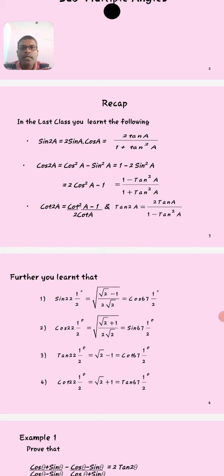We know that 2 sin A cos A, and also equal to 2 tan A by 1 plus tan square A.